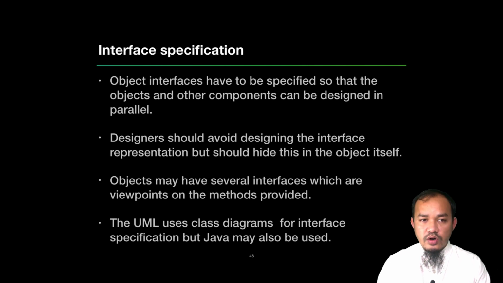For example, take the interface of component A with component B. If component A depends on component B, then when you make a change to component B, it will affect component A. By using the interface, they will not depend on any other, so you can design the component itself.